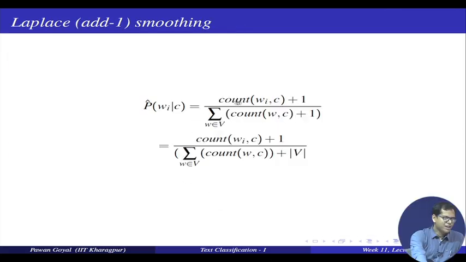Instead we use add-1 smoothing: count plus 1 divided by the summation of counts plus 1, which gives plus 1 in the numerator and plus V in the denominator. So we talked about the naive Bayes model and how we compute various probabilities, and saw the problem that some probabilities might go to 0 and take the whole thing to 0. That is why we can do a simple add-1 smoothing.